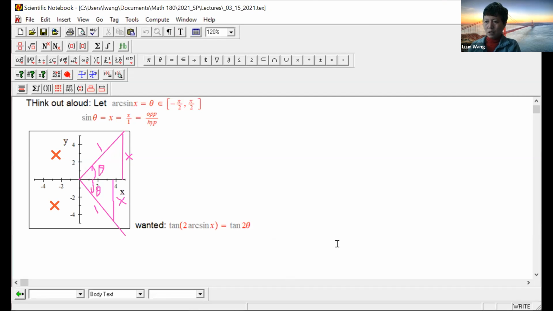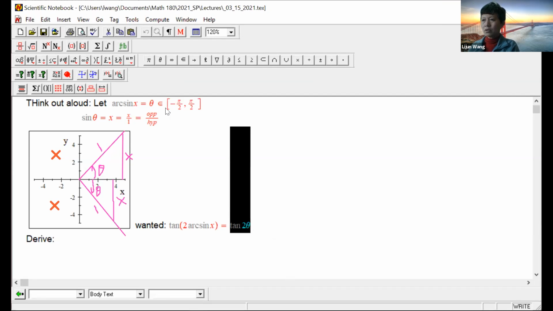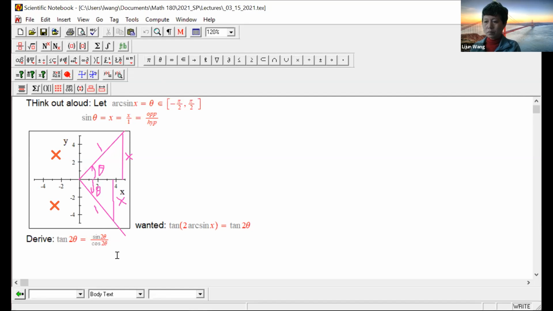And then you start to derive. Tangent 2 theta equals sine 2 times theta over cosine 2 theta. Okay. And you're going to find out this equals 2 times tangent theta over 1 minus tangent square theta.